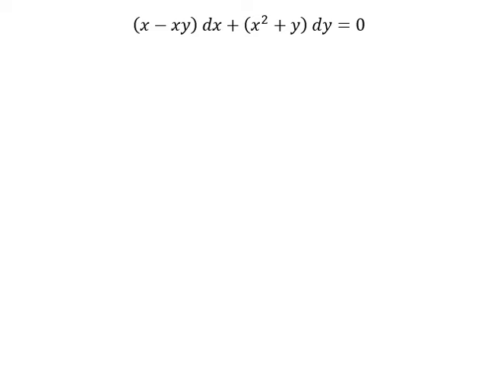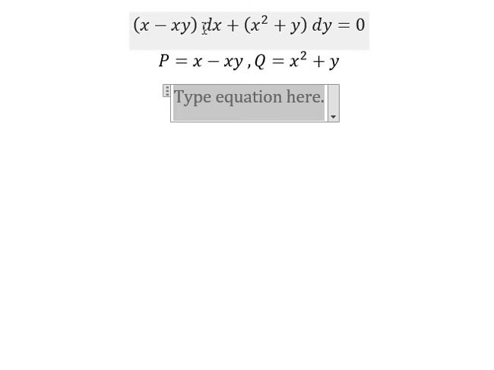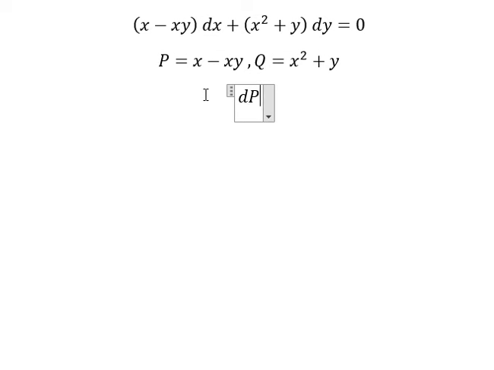I will put b equals to this one and q equals to this one. So we have dx, so we need to do first the derivative of b with respect to y.